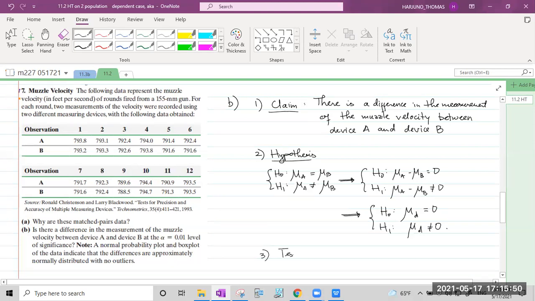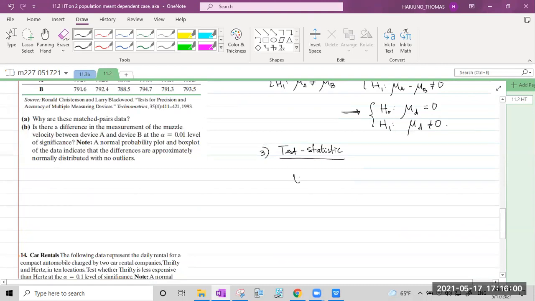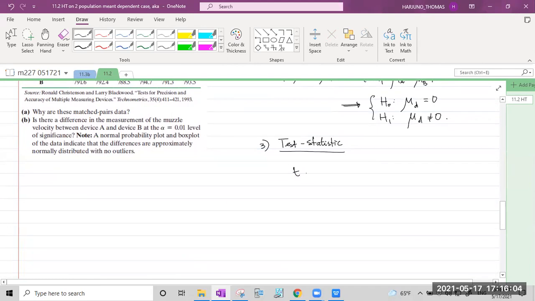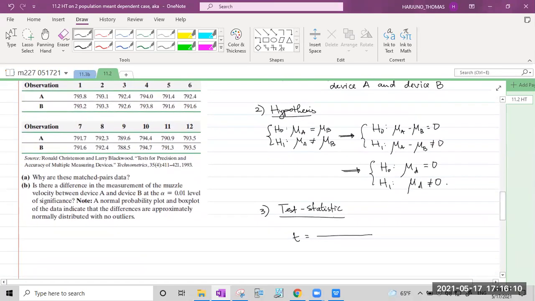Okay, now step 3, test statistic. We need to find the t, where on the top we have d bar minus mu d, over s d divided by square root of n.